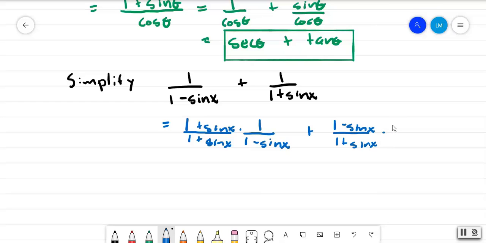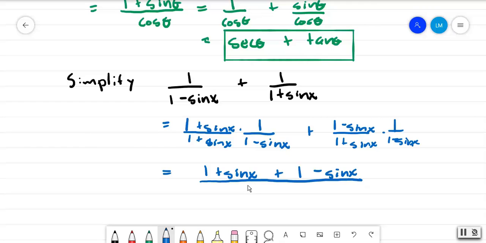Okay, now we'll multiply it then by 1 minus sine of x as well. So that'll be equal to 1 plus sine of x. Now, these two are going to have the same denominator, so we can just combine like terms.